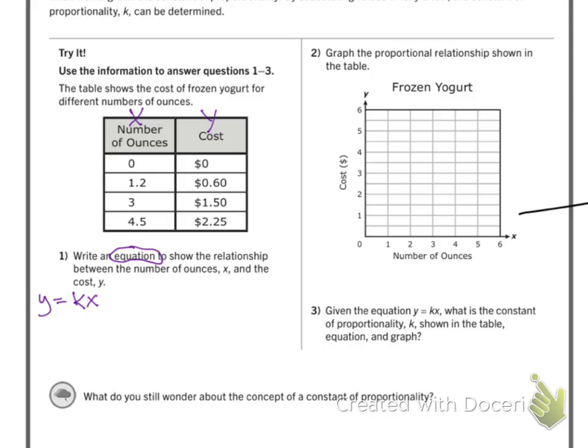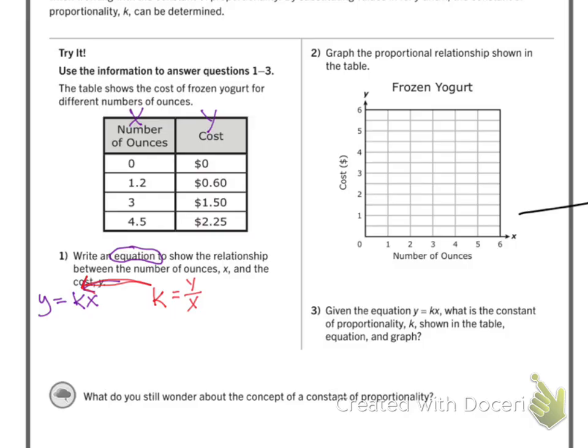The way that we'll find out what that k is, which is our constant of proportionality, let me change colors, we must do what they said: find that k by putting that y over that x. That is how we're going to find that k so that we can write that equation.